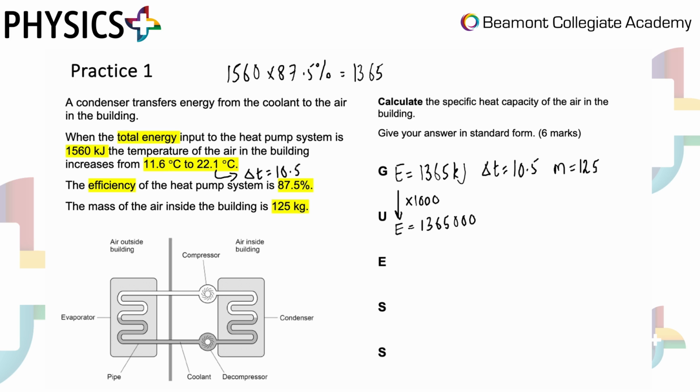State the equation. E equals M times C times delta T. I've got E. We've got M. We haven't got C. And we've got T. Rearrange to find our unknown.